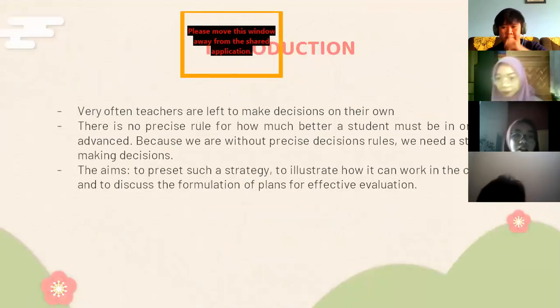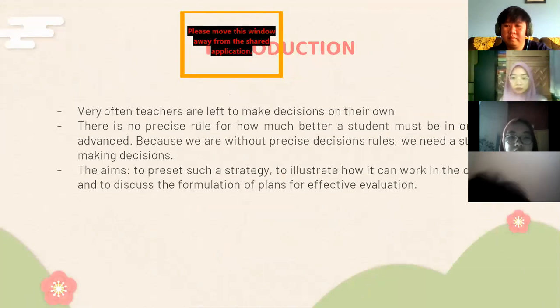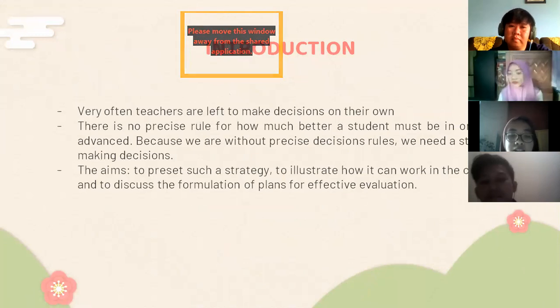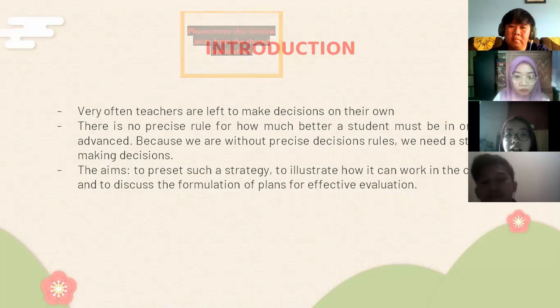Very often teachers are left to make decisions on their own. For example, the teacher who observes one student who is better than others in a class must decide whether to recommend the student for placement in a higher class.